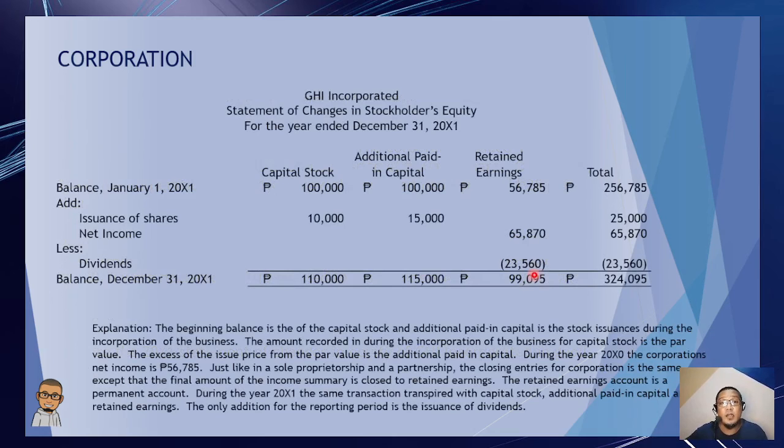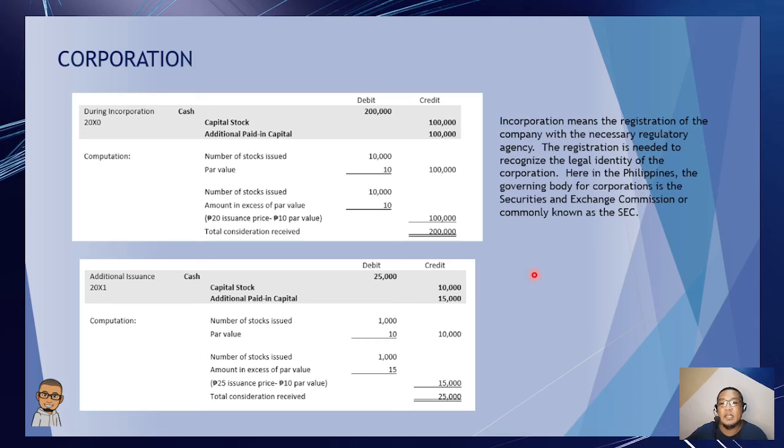So, to further illustrate, mas madali yan siguro pag pinakita natin. Initially nung December 2020, you prepared the following journal entries. You record the cash received, tapos you record the capital stock for the par value and the additional paid-in capital for the excess in the par value.